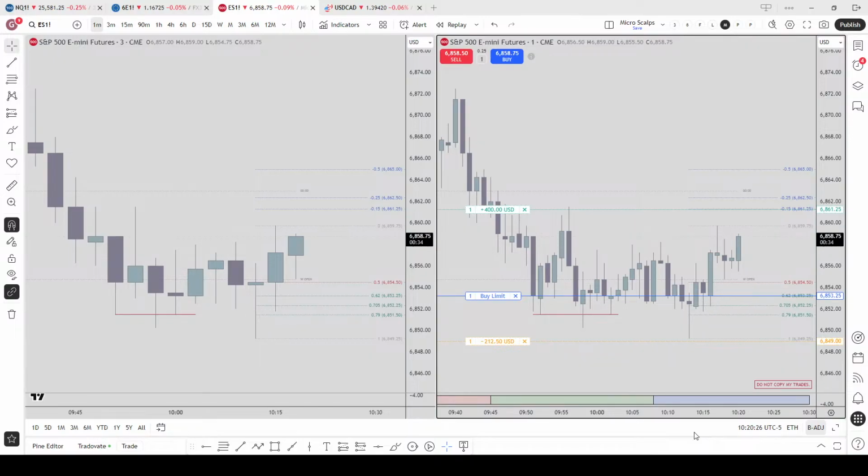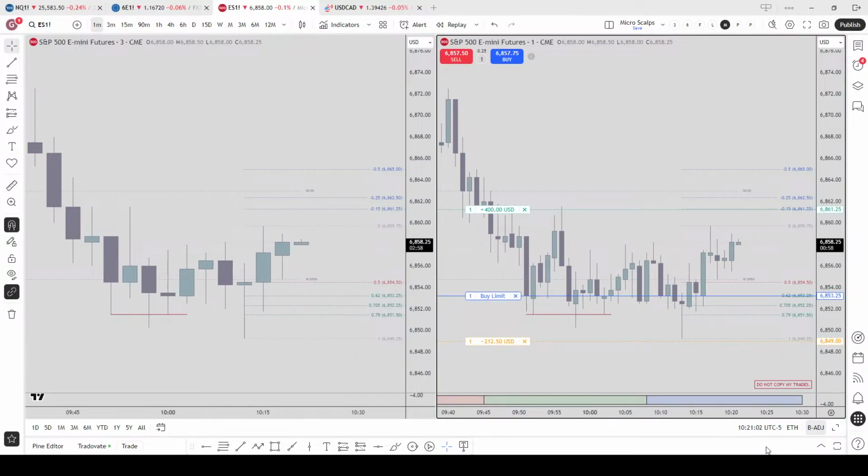I think it's gonna run for it. No. In the next 15 seconds, if it is able to close above this candle's high, then that would be a very good indication. Alright, we closed right at the high.